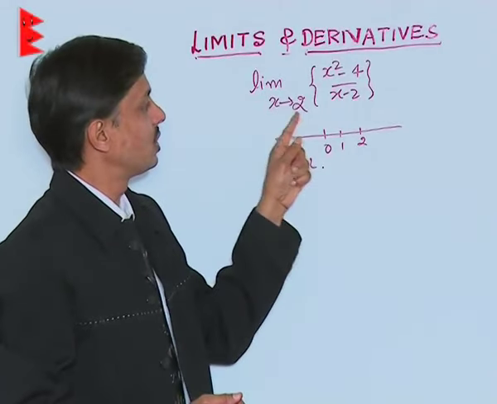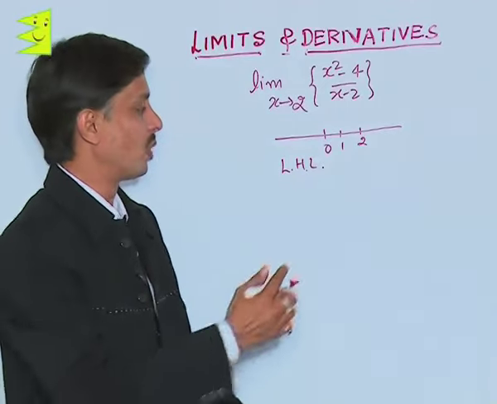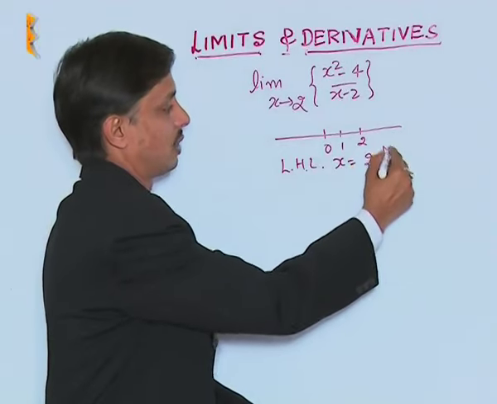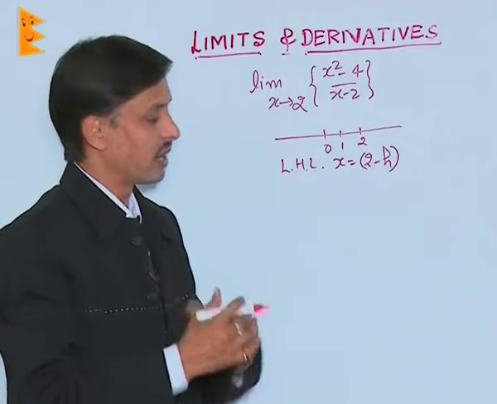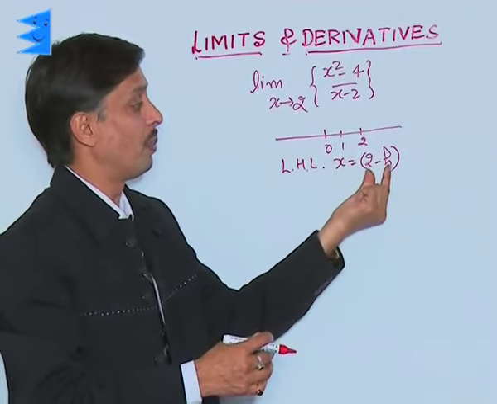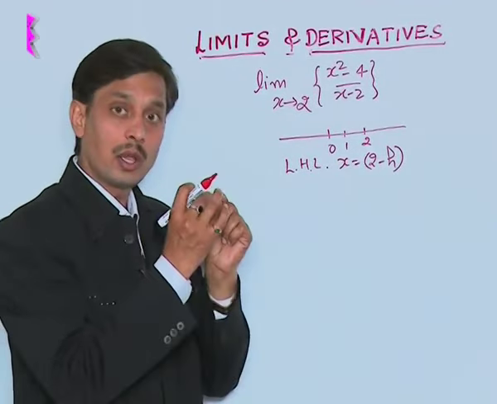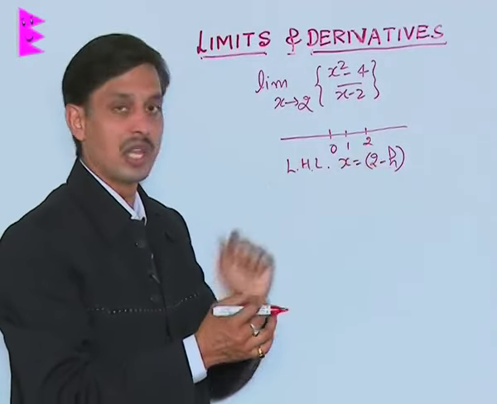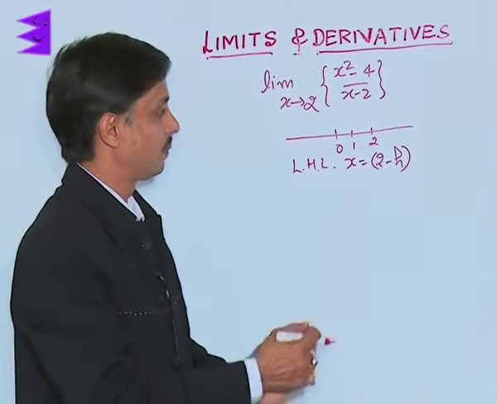Here limit x is tending to 2, so what will we put? We will put the value of x as 2 minus h. And it is very important to understand here that there is no gap between 2 minus h and 2. Very close values. As I am taking something less than 2, that's why we say it is left hand limit.